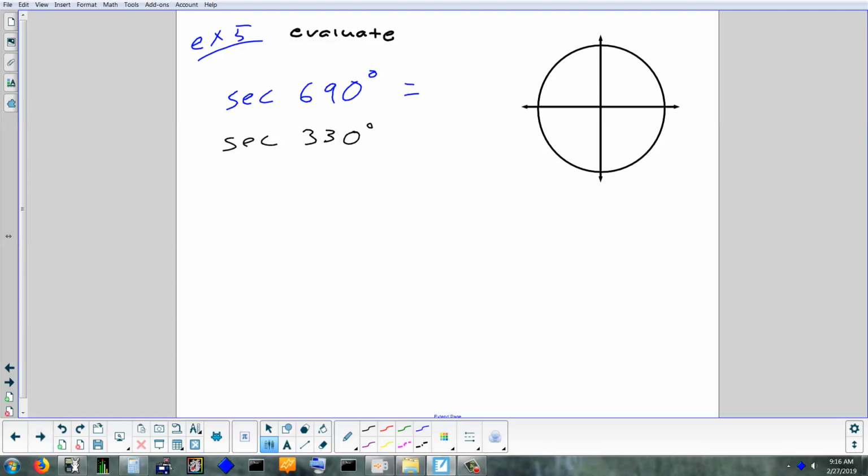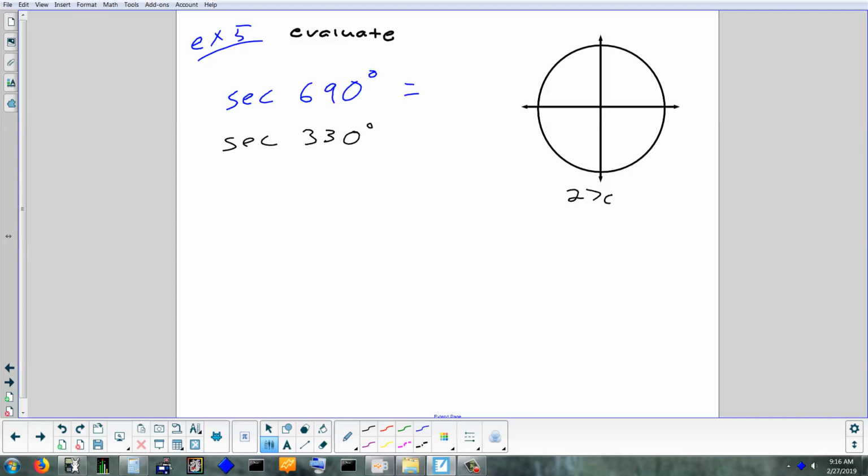Now, just by looking at it, is 330 a multiple of 30 or 45? 30. It's a multiple of 30. Yep. So when I draw this, it's going to be closer to one than the other. It's not going to be right in the middle.